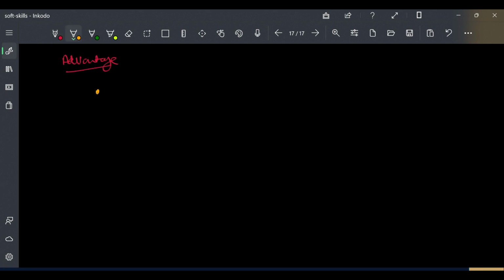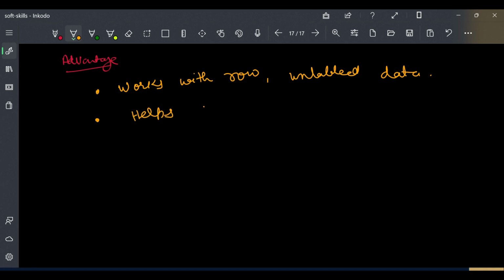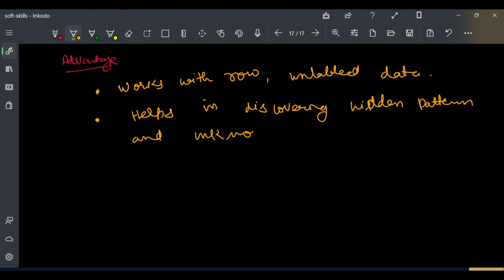So first advantage is it works with raw unlabeled data which is widely available, and second one is it helps in discovering hidden patterns and unknown insights.